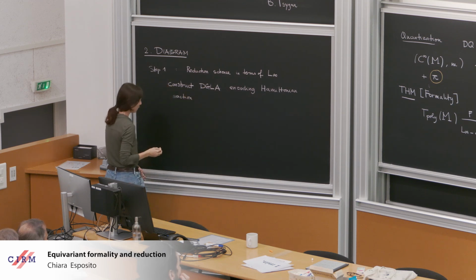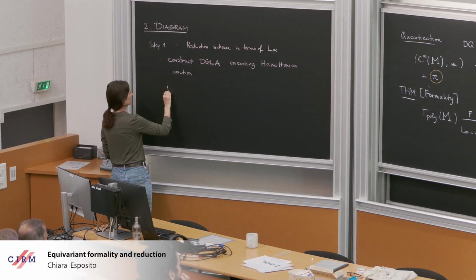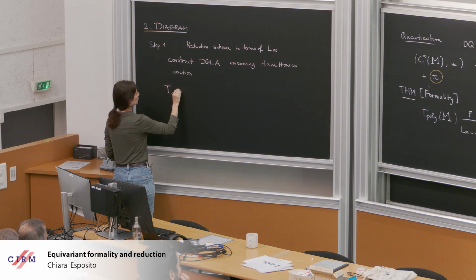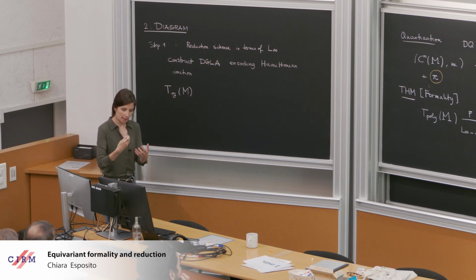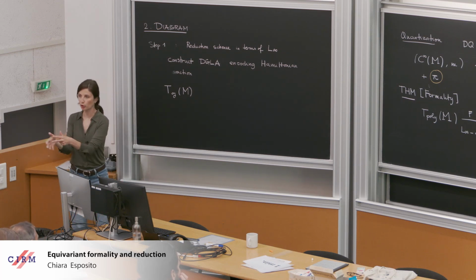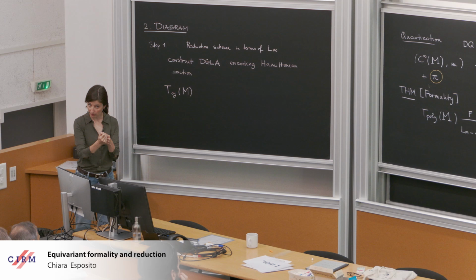This is what I call T_G. So it's a new complex. You will see, morally speaking, you take the polyvector fields and you extend them in a way that incorporates the Hamiltonian action information.